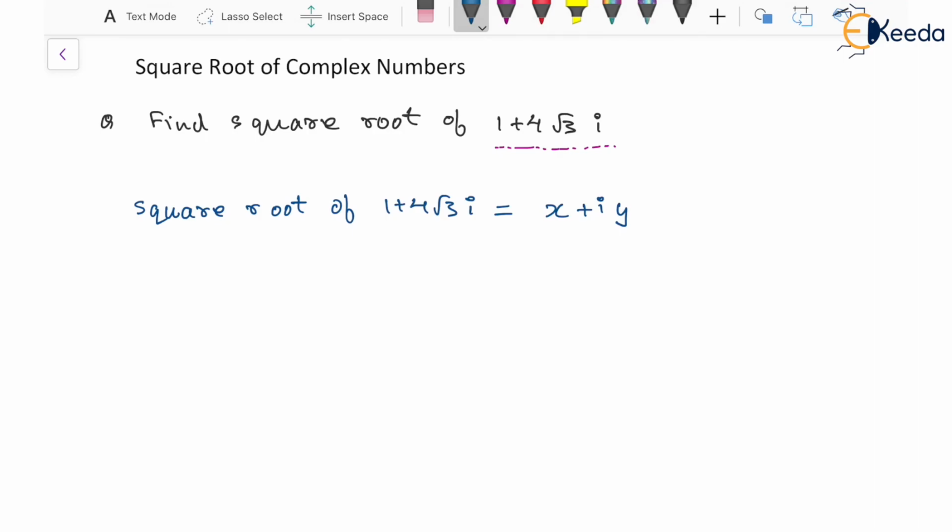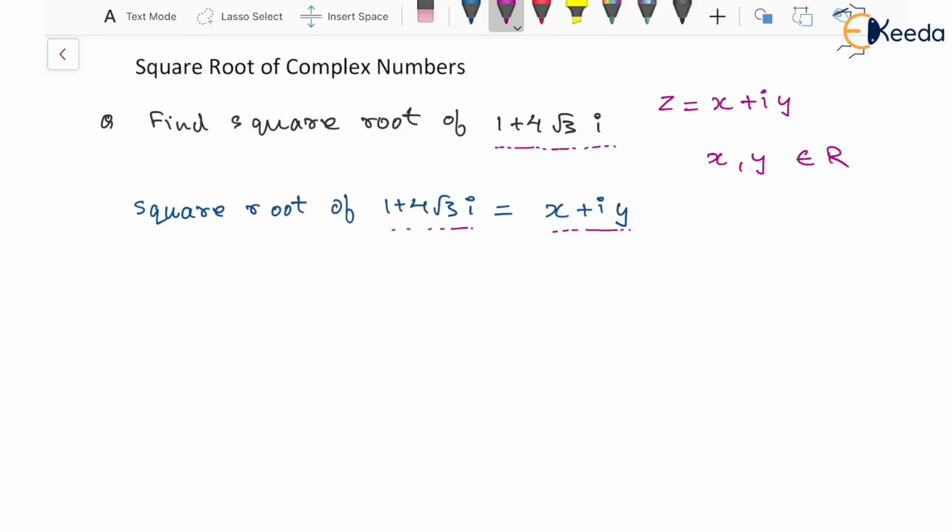As we have already studied about complex numbers, we know that when we represent a complex number z equal to x plus iy, both x and y are real. So what we have to do is compare both sides of this equation.